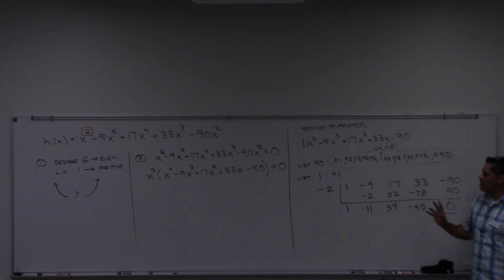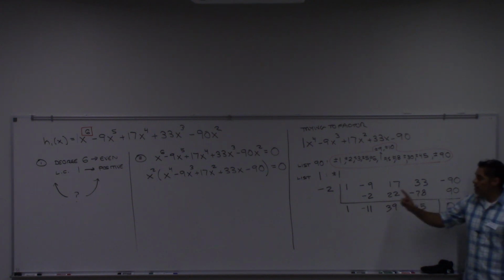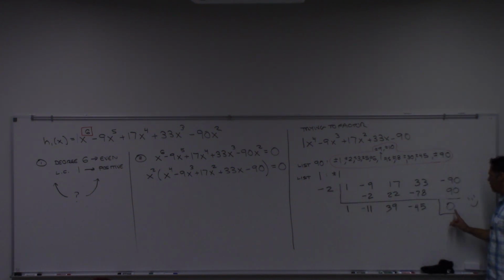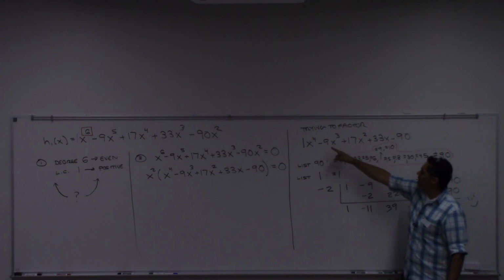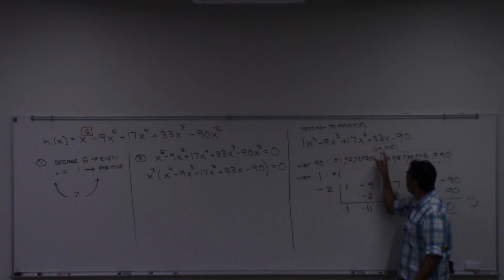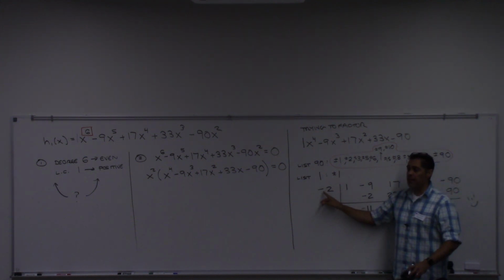So I didn't mention this yet, but this is actually pretty amazing if you think about it. The number that we have here, this -2, and this number right here, 0, here's the connection. If I asked you to plug -2 into this right now, plug -2 in here, here, and here, guess what your answer would be? 0. What if I asked you to plug in 2, not -2?